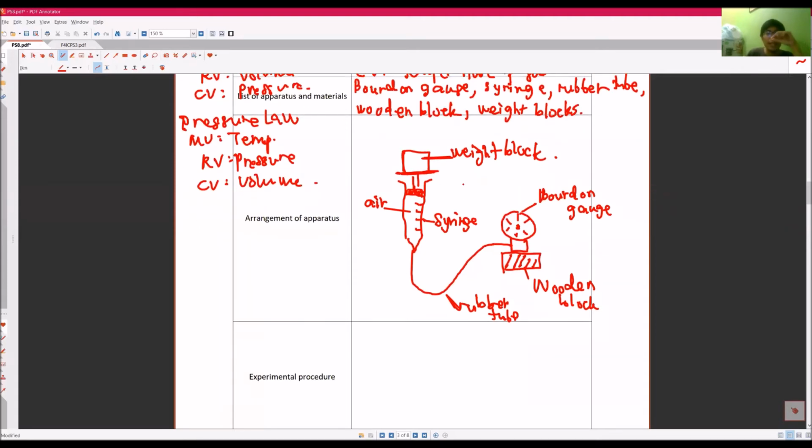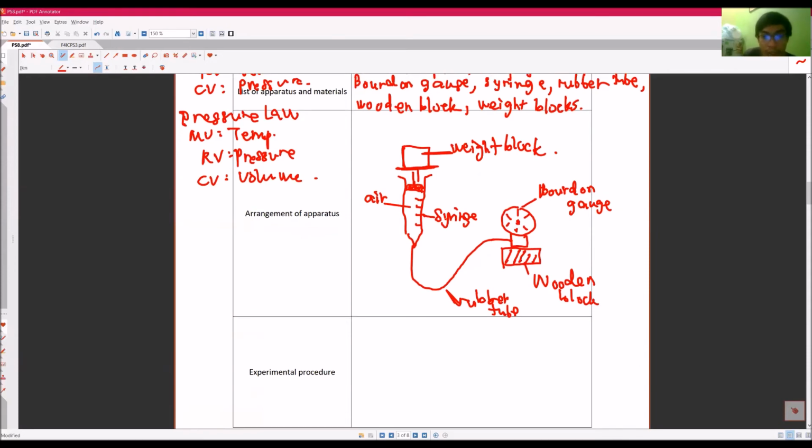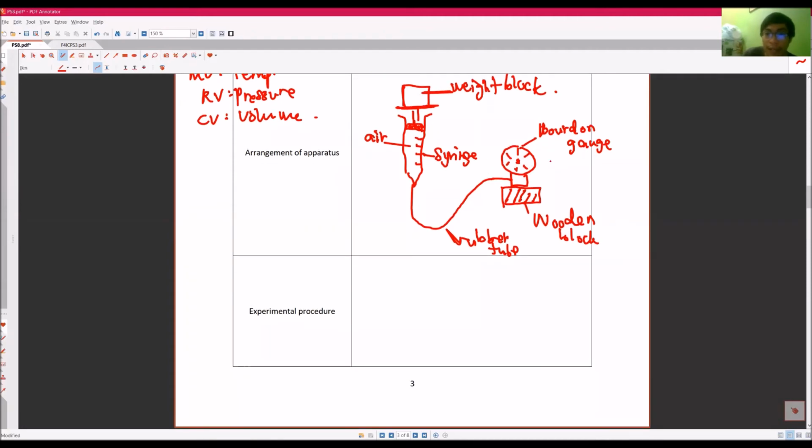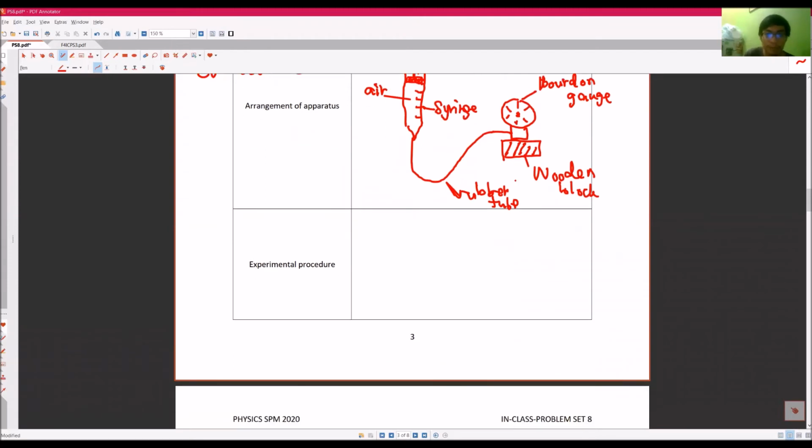The weight block is actually to maintain the pressure or the volume of the syringe so that we can get a uniform pressure value on the Bourdon gauge.